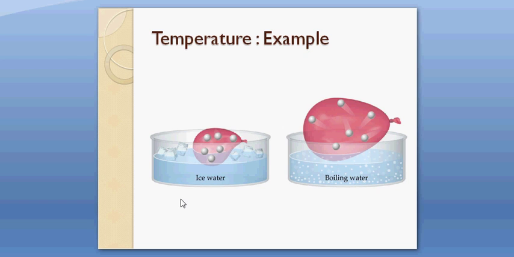You can see this. If we cool it down, the balloon comes to a very small size. Students, please do this activity at home and you'll understand the kinetic energy and the temperature part of the gas.